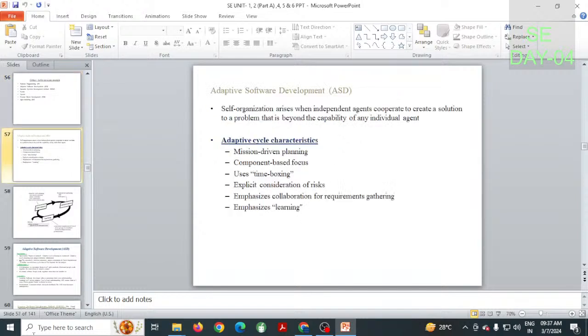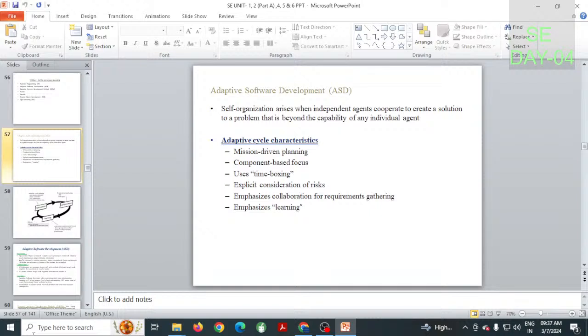Next, coming to adaptive software development. It is one of the agile process models. Here we are going to discuss a few characteristics of adaptive software development.